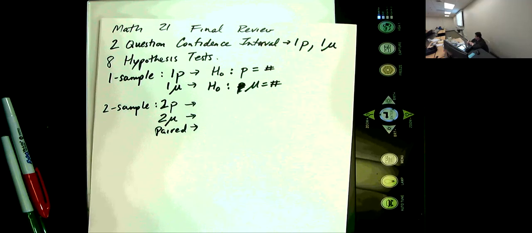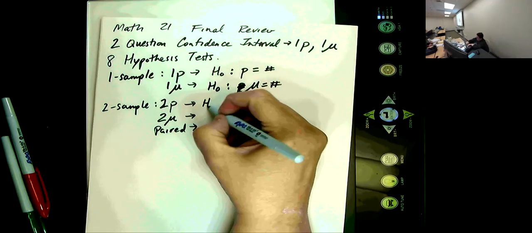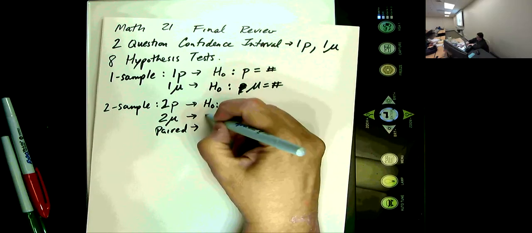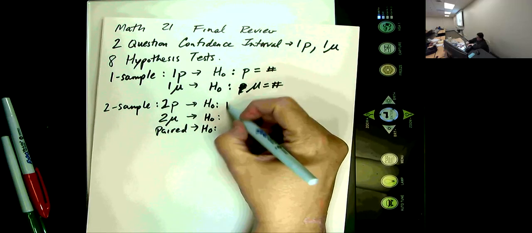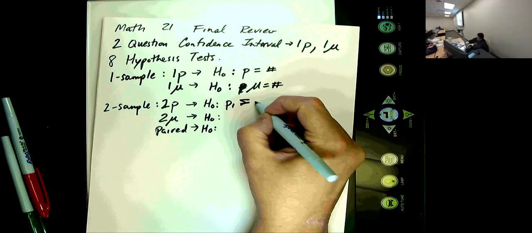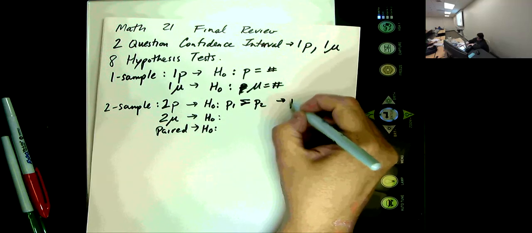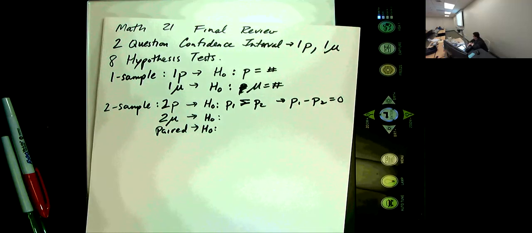You have a couple ways you can do each on this. The way people like to do this is on the very first page. You haven't missed a whole lot. The practical way for doing it would be P1 equals P2 for H naught. StatCrunch used P1 minus P2 equals 0, and if you write that, I'm not going to mark you off for that.